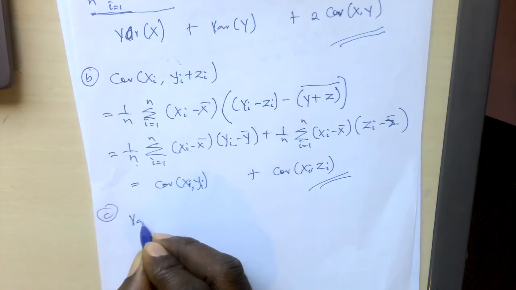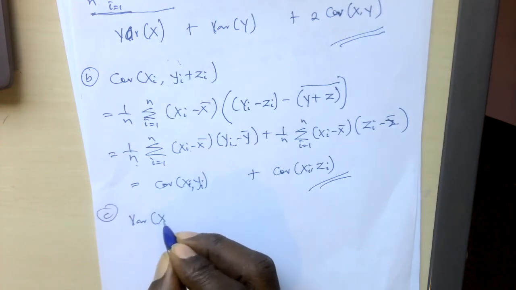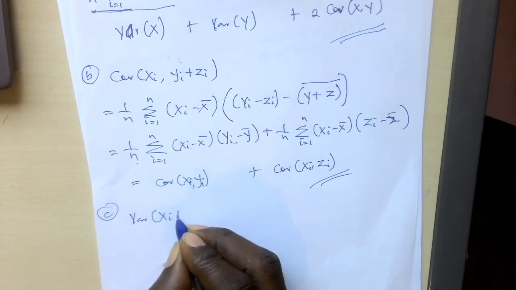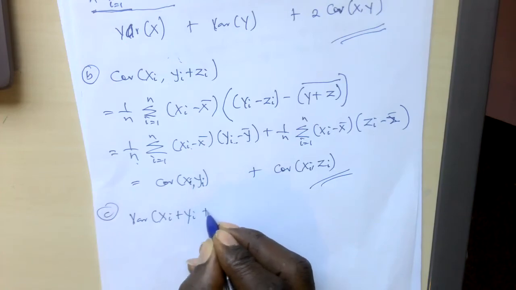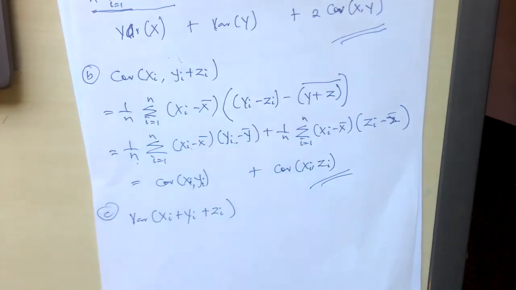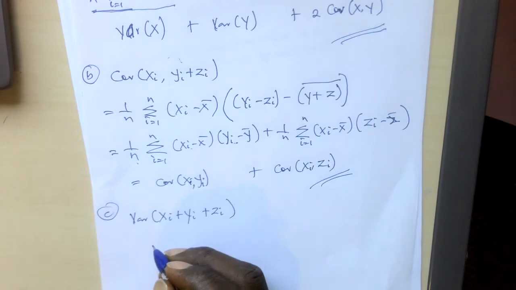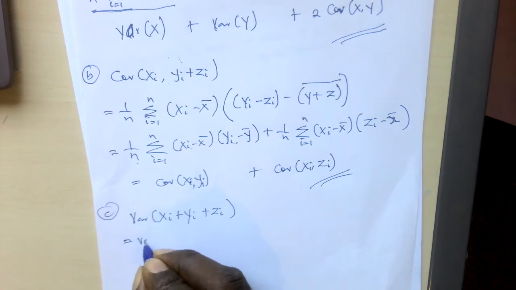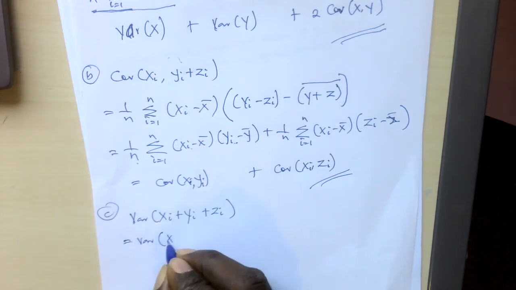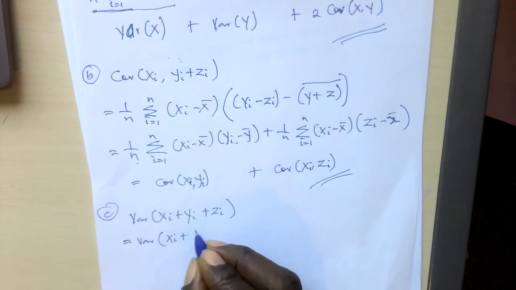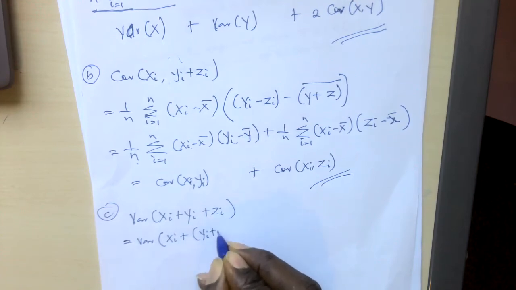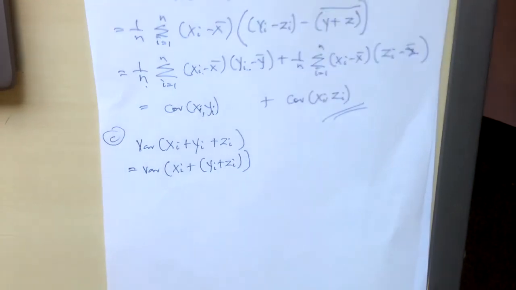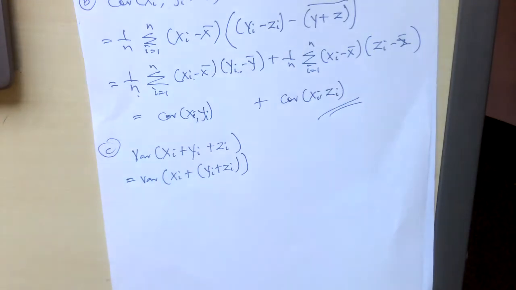So we have the variance of xi plus yi plus zi, right? Here this is xi plus yi plus zi, same thing, right? So from here, we can expand this.